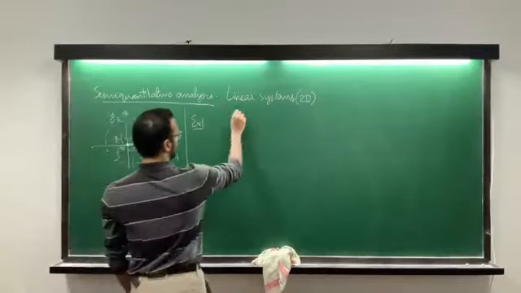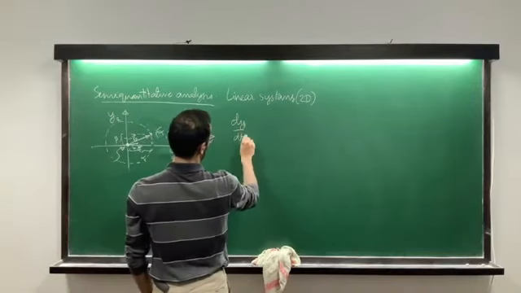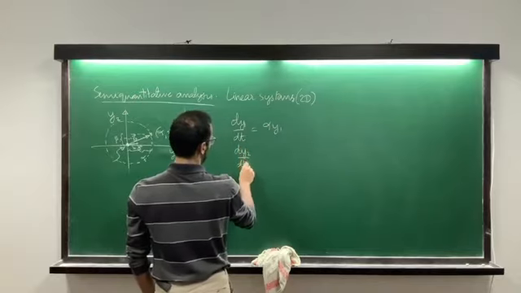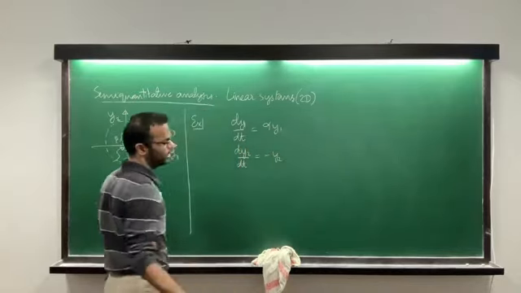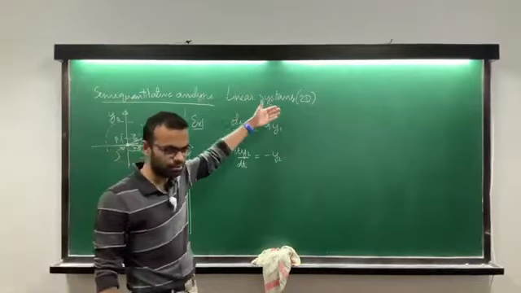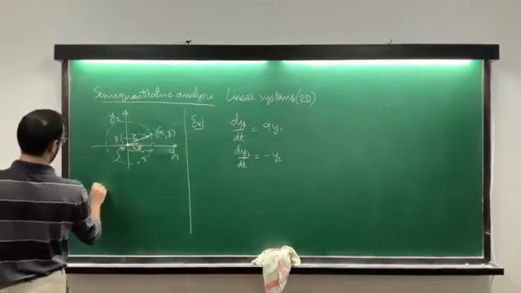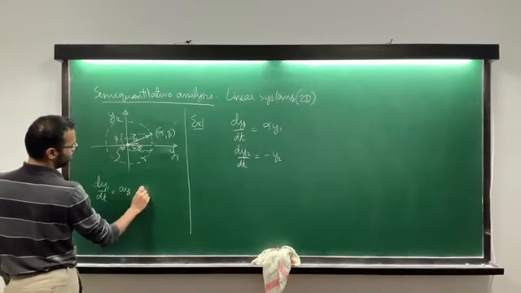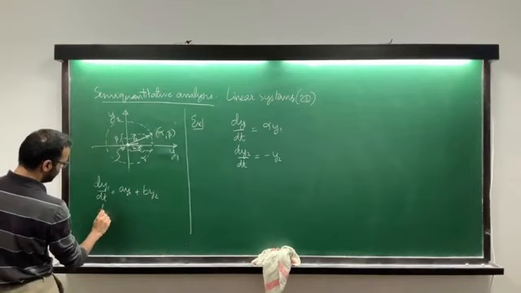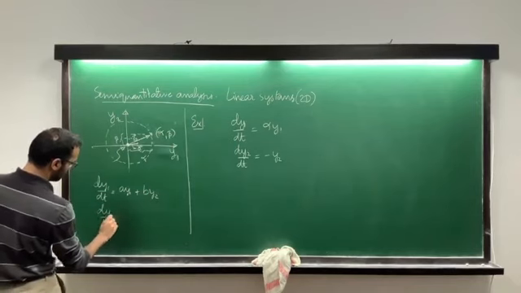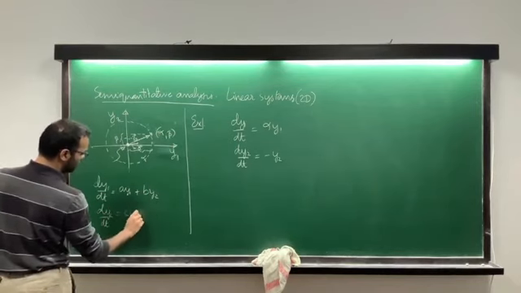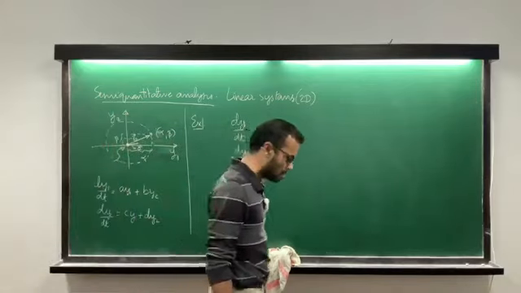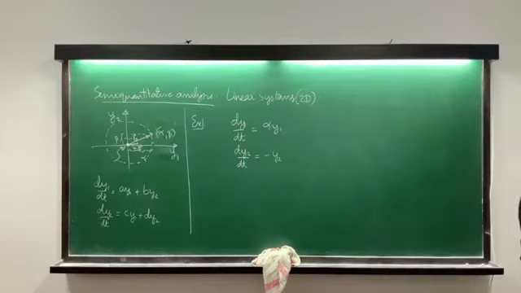Let's say I have dy1 by dt is alpha y1 and dy2 by dt is minus y2. Okay, that's the same as the linear system we wrote down. Let me write down the linear system here. dy1 by dt is a y1 plus b y2, dy2 by dt is c y1 plus d y2.